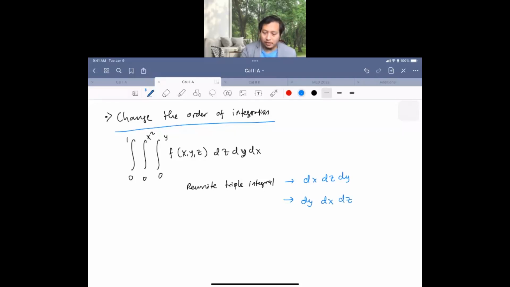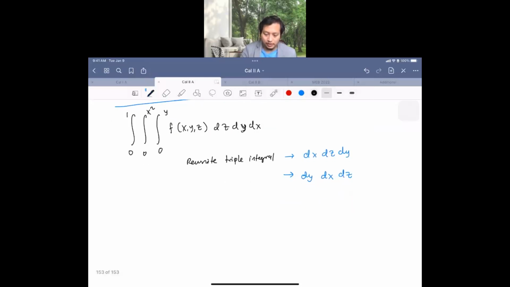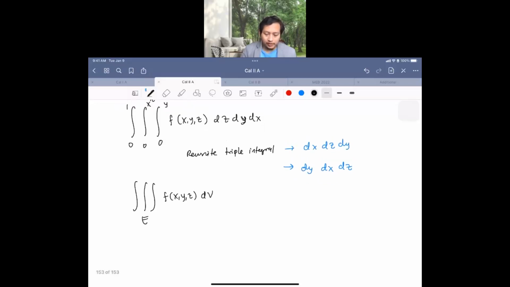Now to begin, we could start by just writing the region as E. We could see that each variable has its own setup for the integration.